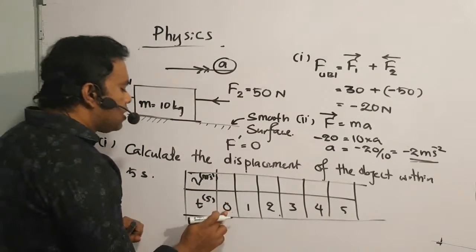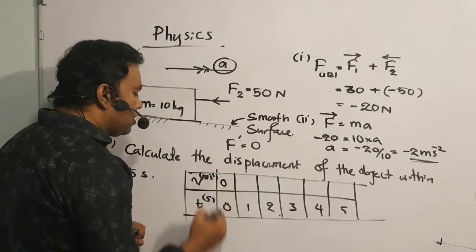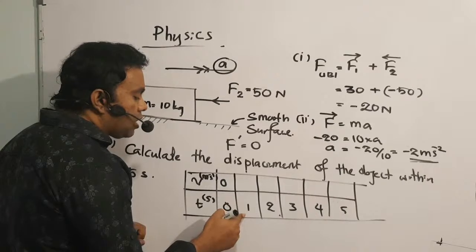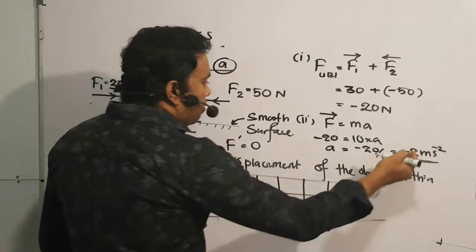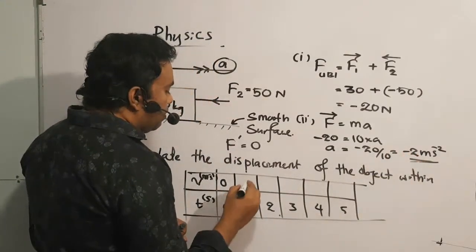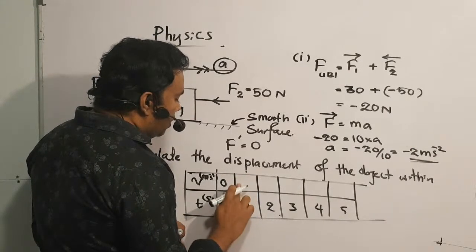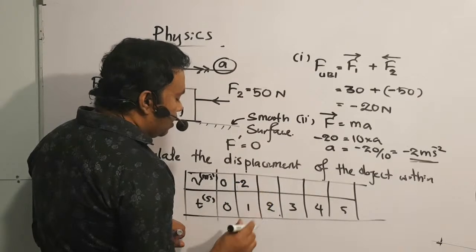At the 0th second, the velocity is also 0. At the end of the first second, what velocity does it get? The value is 2 meters per second, but that value is minus 2 meters per second.